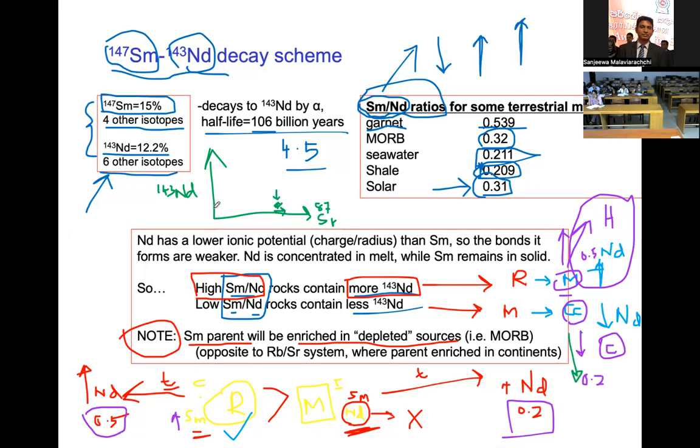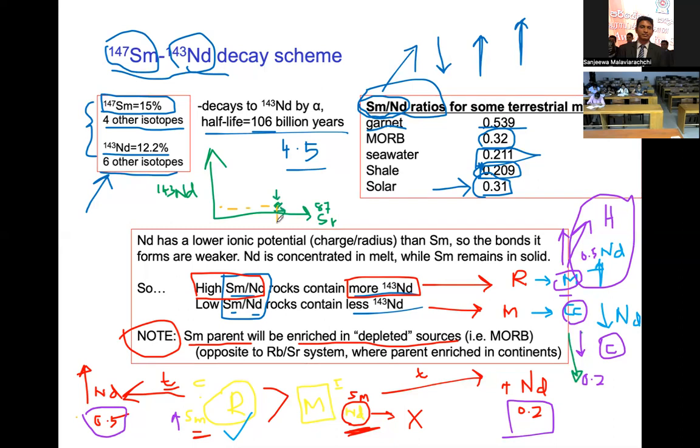You don't need to put any correct numbers. Just put it like here: low neodymium and high strontium.